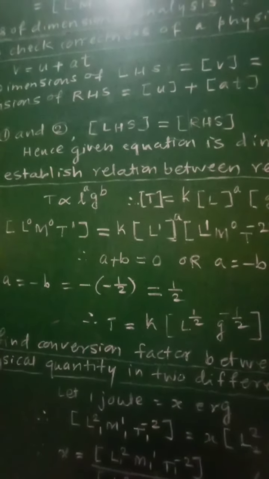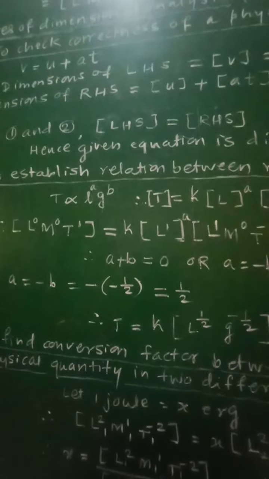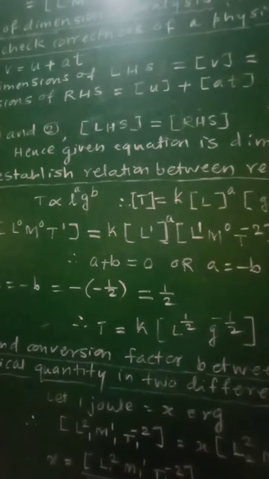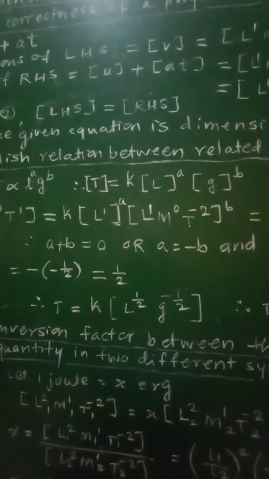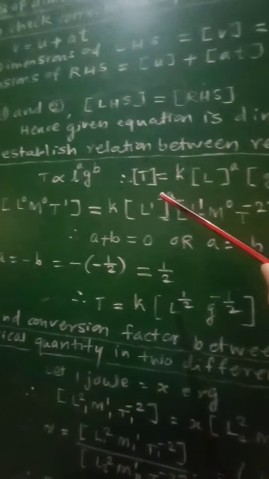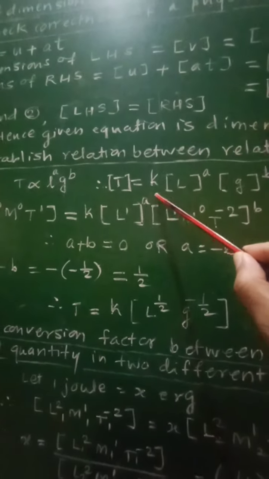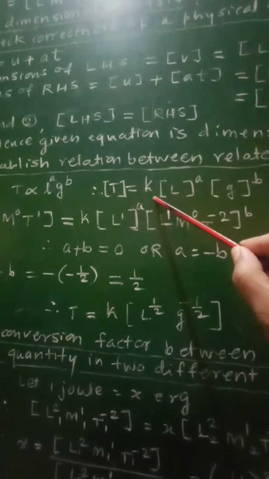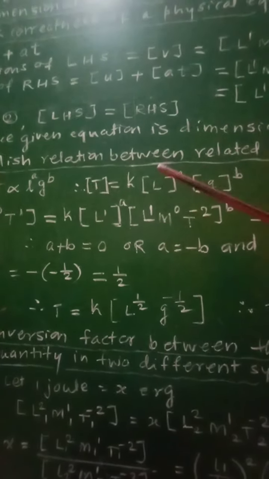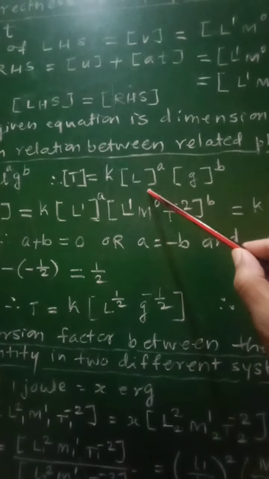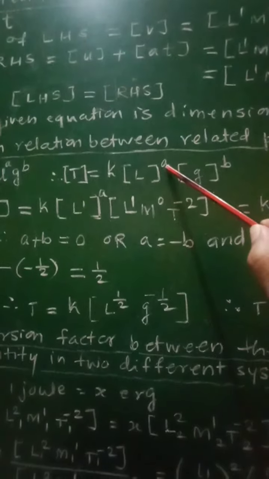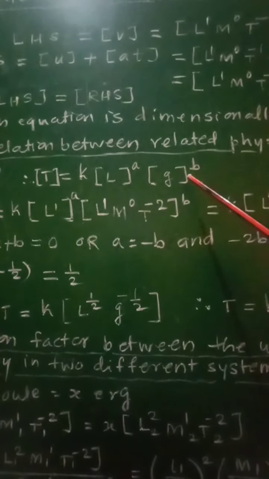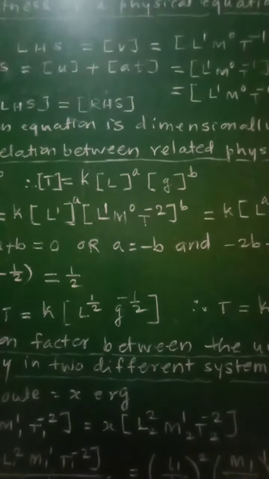Here we don't know the indices of L and g, and that's why these two indices a and b are taken. At last we will find the values of a and b and put them in the formula. Therefore, we can now write dimensions of T equal to the constant of proportionality K, which is dimensionless, into dimensions of L raised to a into dimensions of g raised to b.